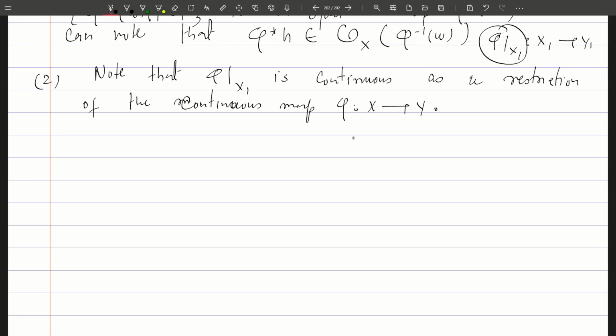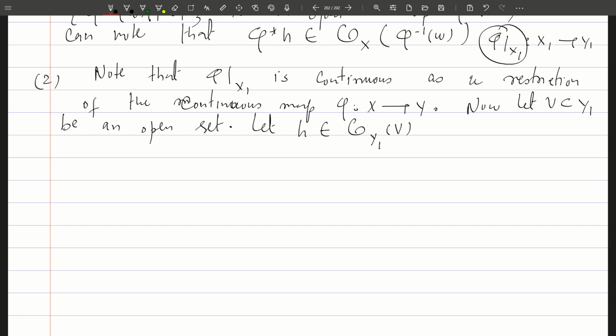So now let v be an open subset of y1, and let h be a regular function on v. We have to prove its pullback is a regular function on some open set of x1.